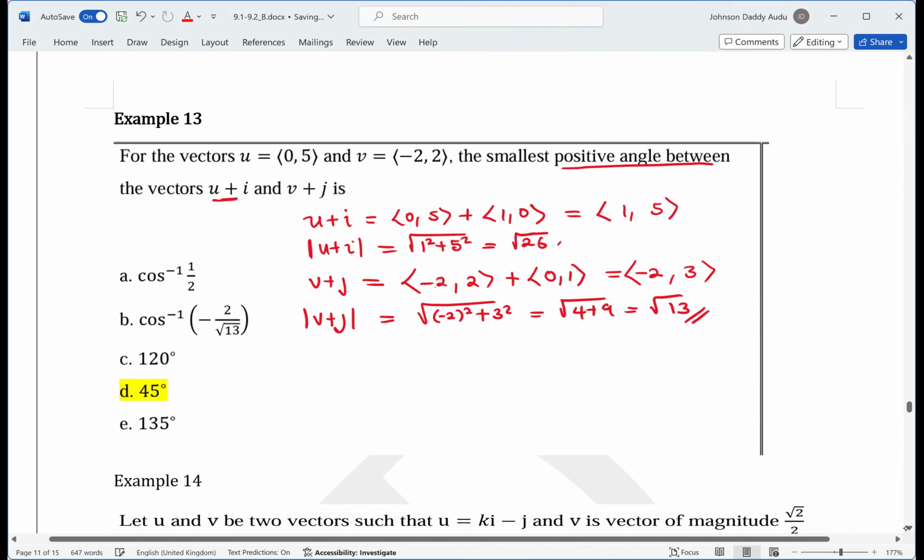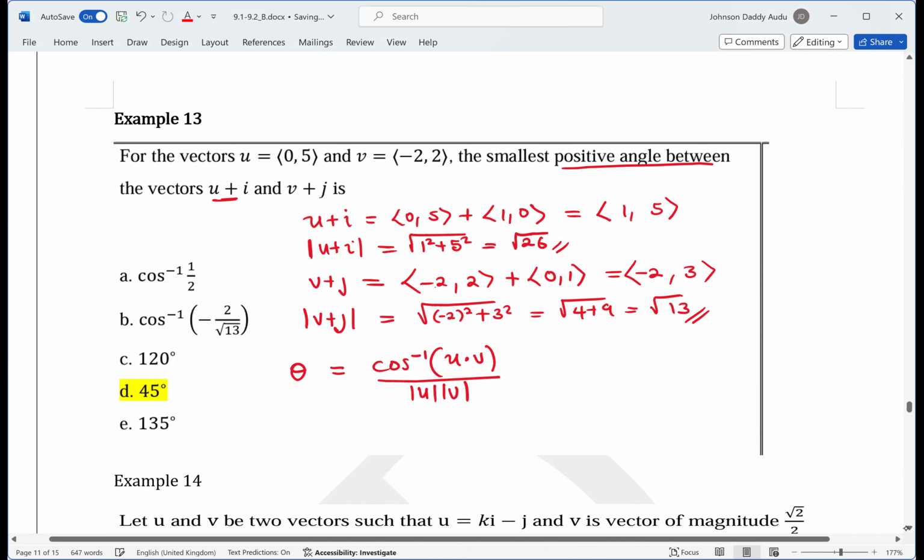Okay. Now, remember, we are looking for the angle between these two vectors. So what is that formula? Theta is cosine inverse of u dot v over the magnitude of u times the magnitude of v.